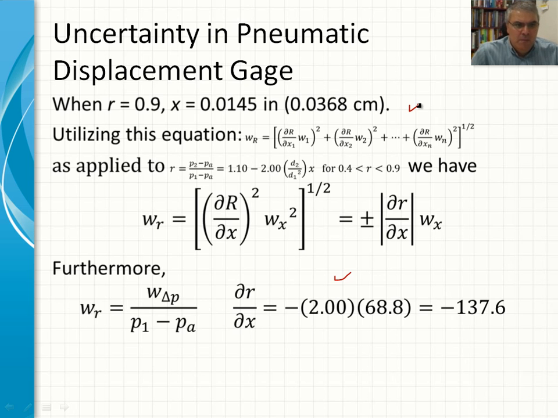So we are going to apply the same equation here, since the uncertainty is given in this case. As you can see here, again, the partial derivative of R with respect to X in this case is really the partial derivative of the small r, not a capital R. Okay, so this is the general form of the equation, written out here.